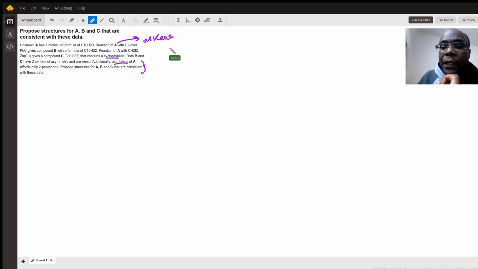If I'm going to get 2-pentanone, that means you have a ketone on the second carbon out of the 5 carbons: 1, 2, 3, 4, 5. So if you are breaking the double bond apart, you expect to get 2 of these molecules. Why? Because these are only 5 carbons, yet you have 10 carbons at the beginning. So you have 2 of these.